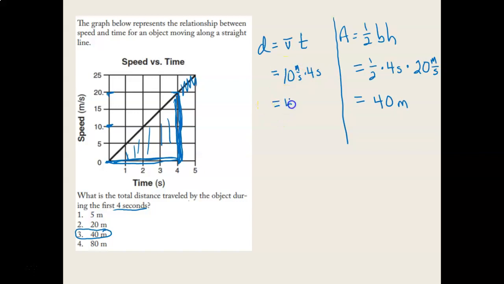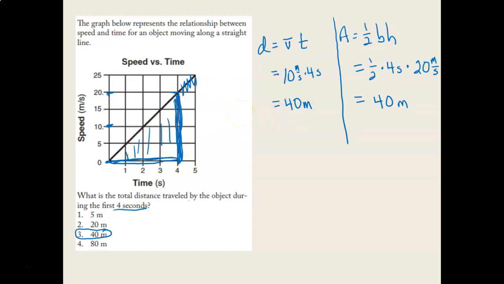And if we multiply that, we get 40 meters. Okay, so when we're given a velocity versus time graph and we're asked to find distance, we can either use the average velocity times time method, or we could do area under the triangle, 1/2 base times height.